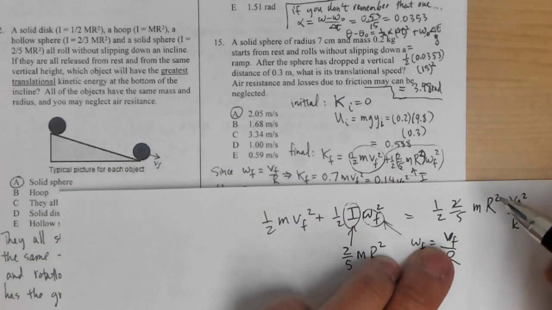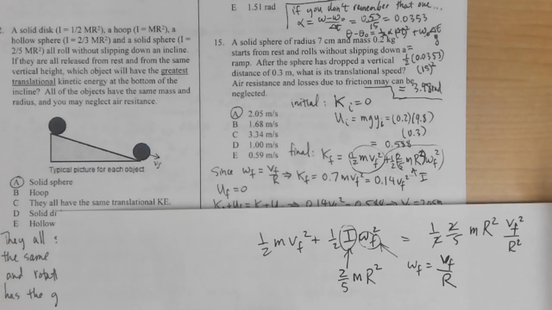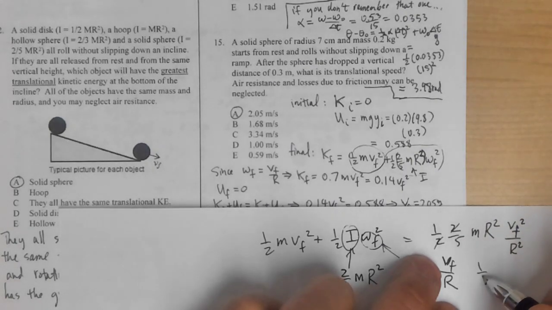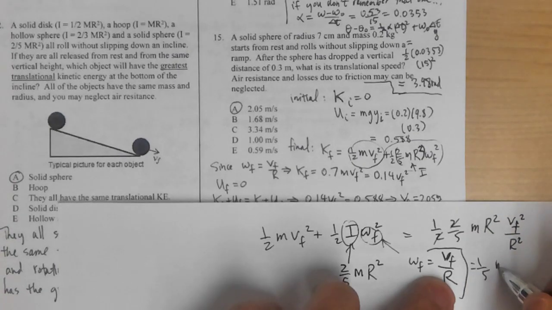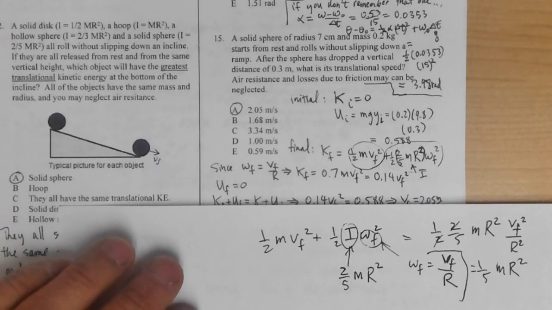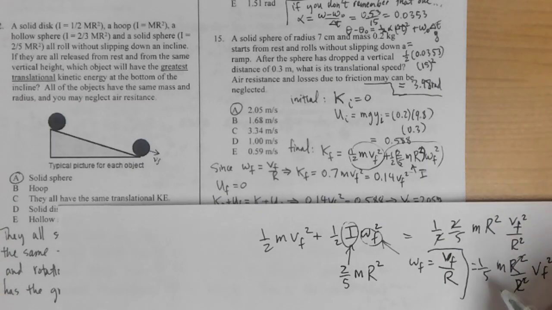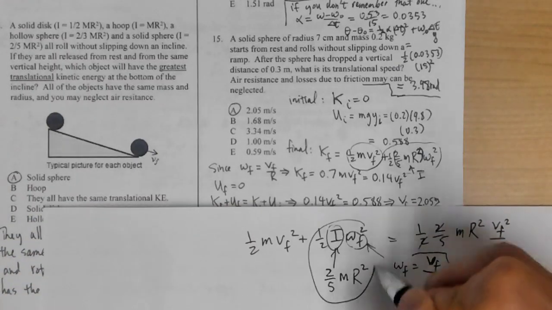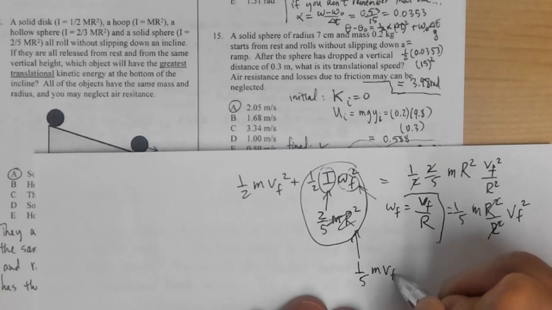And so these will cancel. Then we get 1/5 m r squared times, well, r squared divided by r squared, so these cancel, times v final squared. Sorry about that. So this becomes 1/5 m v final squared.